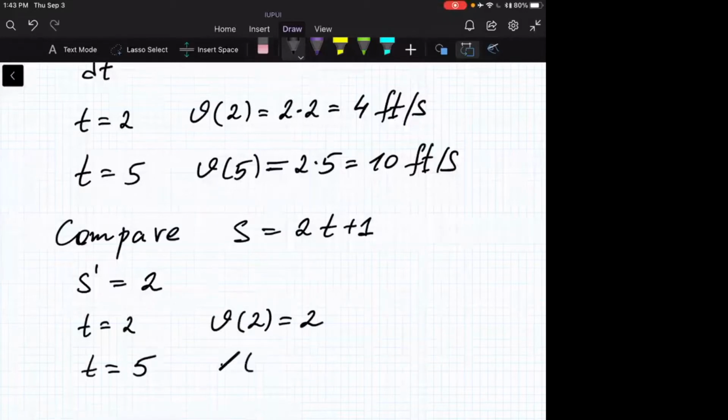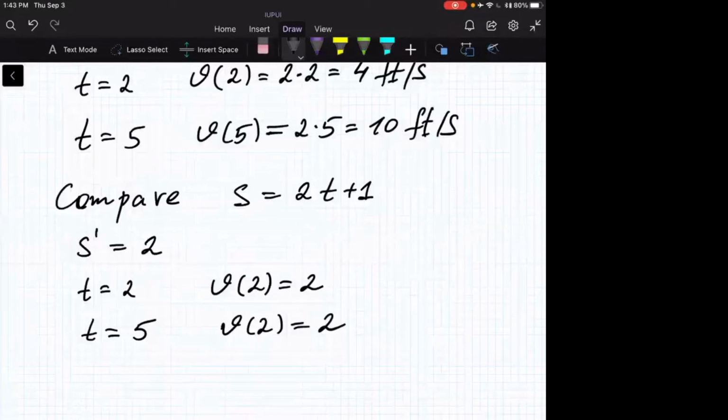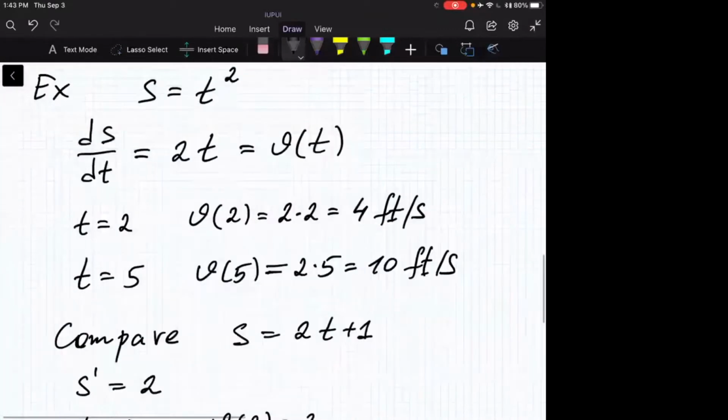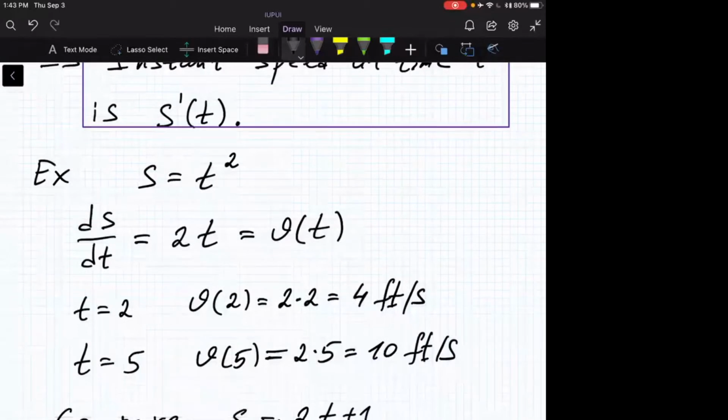At 5 seconds, my velocity is still 2. So that's another interpretation of the constant slope. Your velocity is not changing during the time, while if you travel according not to a linear function, but some quadratic or maybe more complicated equation, then your velocity will depend on time.